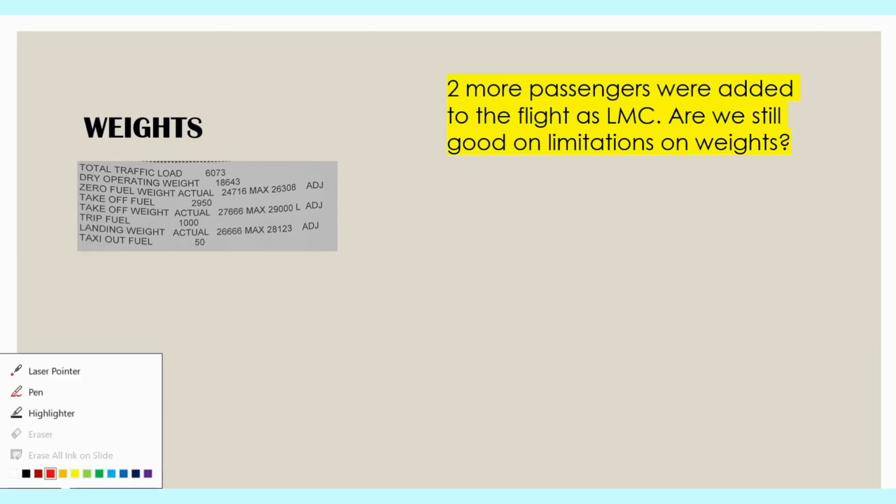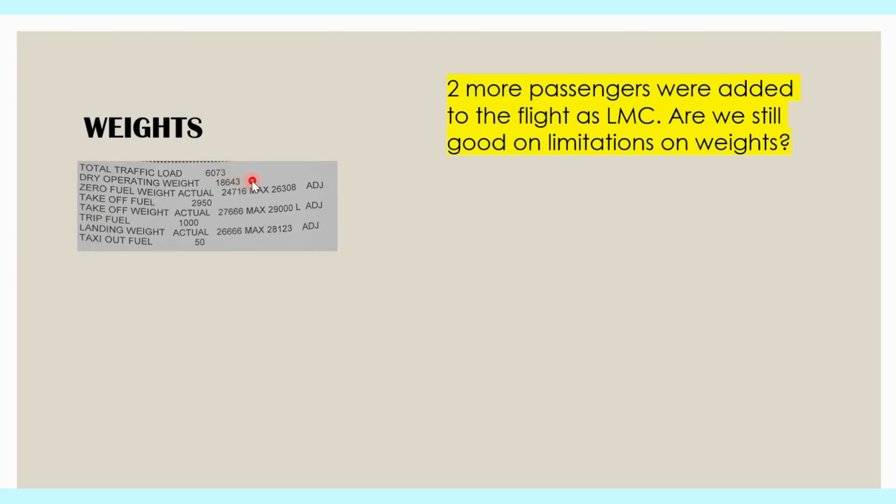I'll explain to you in a moment where I was getting to. But if I now talk of total traffic load, this is simply the sum of the passenger and cabin line and the load in compartments line. When you add the two numbers up, I think it was 4854 and 1219, if you add those two up, you get 6073.